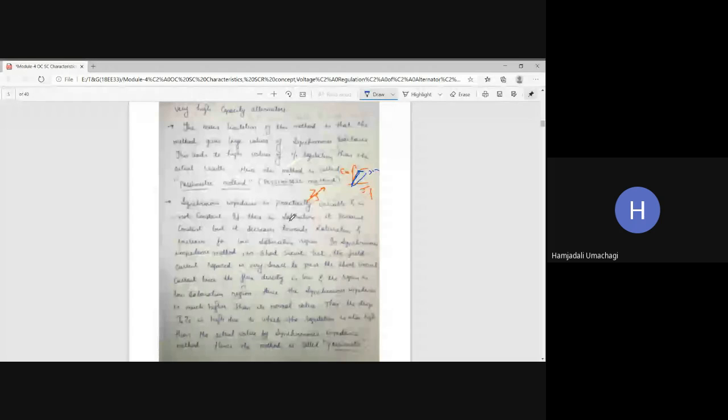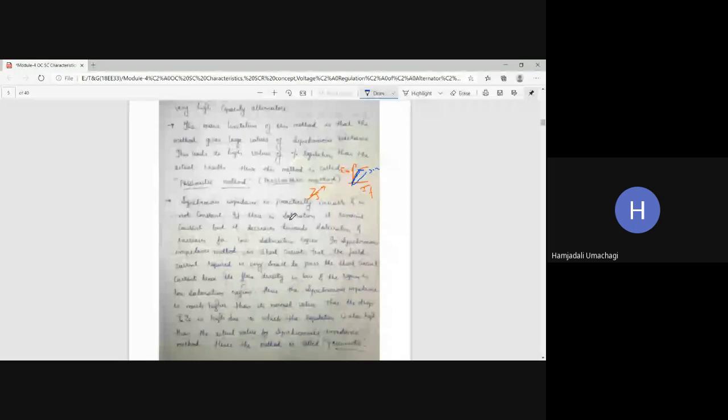So you tell me, in our laboratory, 0.29 is the field current to get armature current 3 ampere. So whether 0.29 is high or 3 ampere is high? 3 ampere is high, but what is that 3 value? 3 is the full load armature current value and 0.29 is the field current value. So the field current is very, very small to get full load armature current 3 ampere, right?